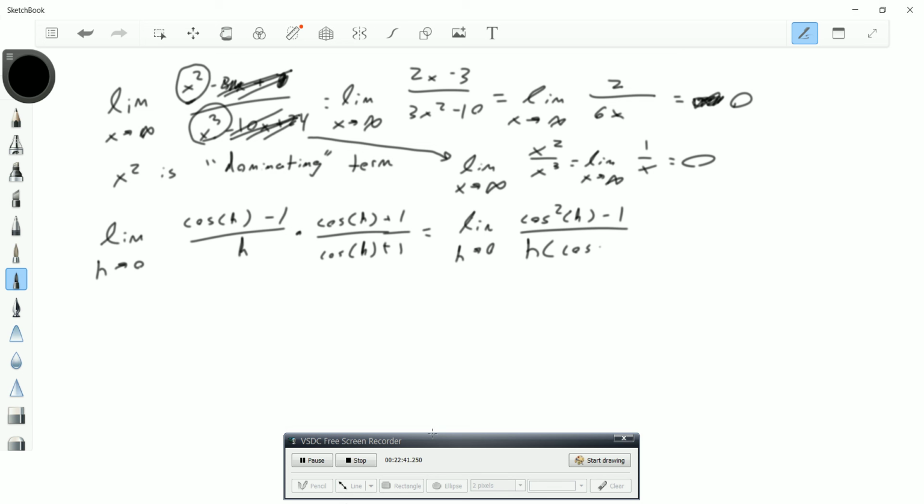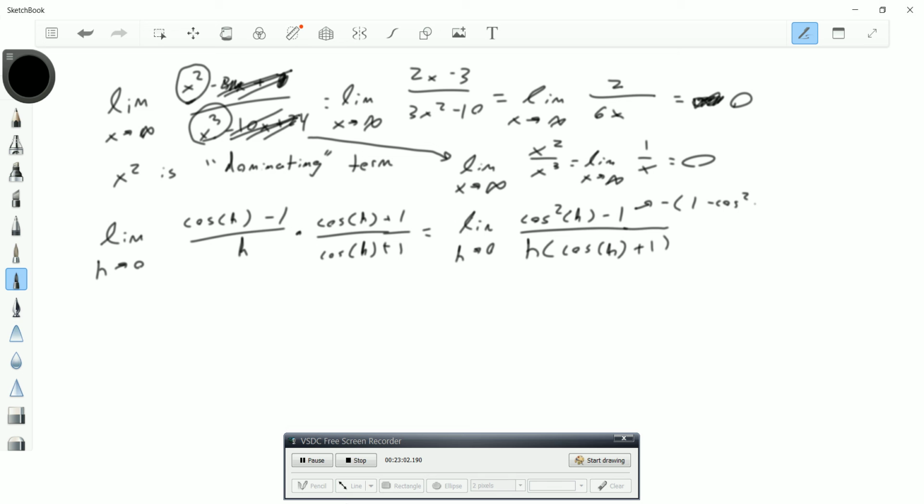Now I know that 1 minus cosine squared h is sine squared h, but I have this flip-flop. So I'm going to make this numerator into the negative of 1 minus cosine squared h, which is negative sine squared of h.